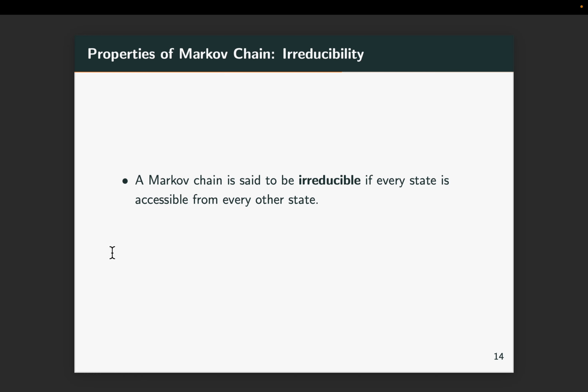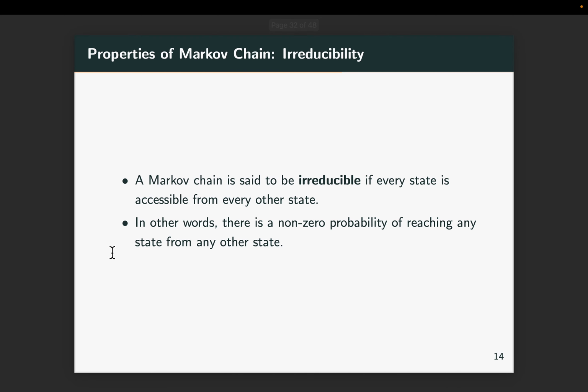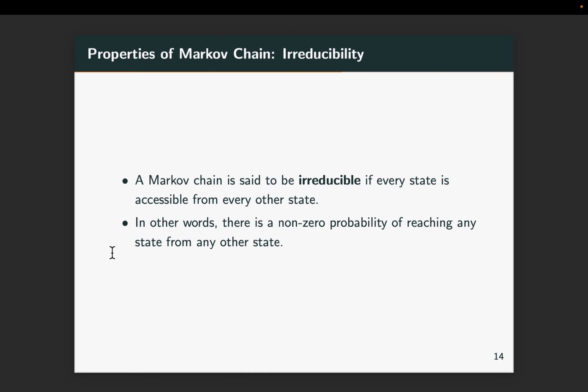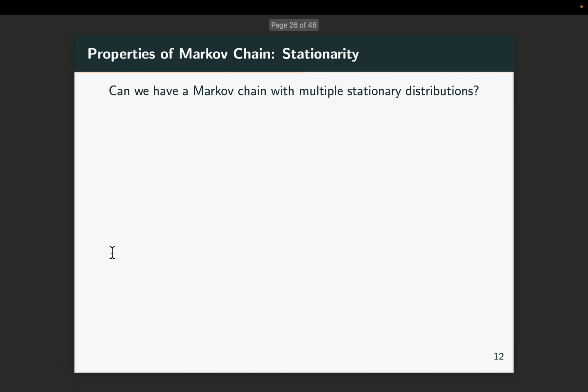We have already looked at examples of some irreducible and some non-irreducible Markov chains. I don't know whether it should be called reducible or non-irreducible chain, but I generally prefer to call it reachable or non-reachable. Are there some states which are non-reachable? Are there states which are all states which are reachable? So for irreducibility, let's look at this diagram.